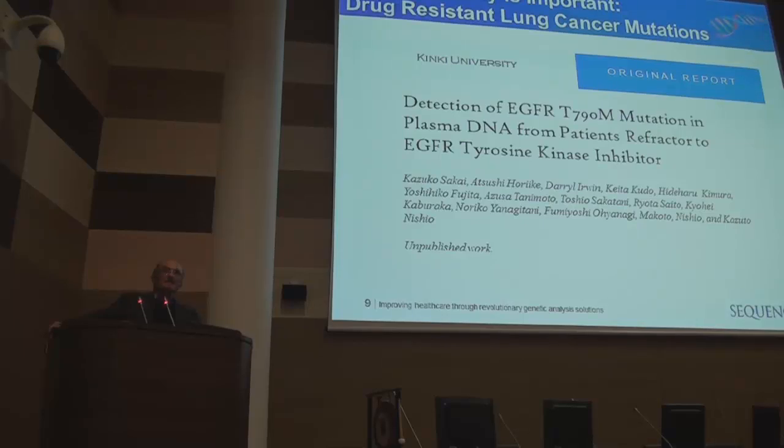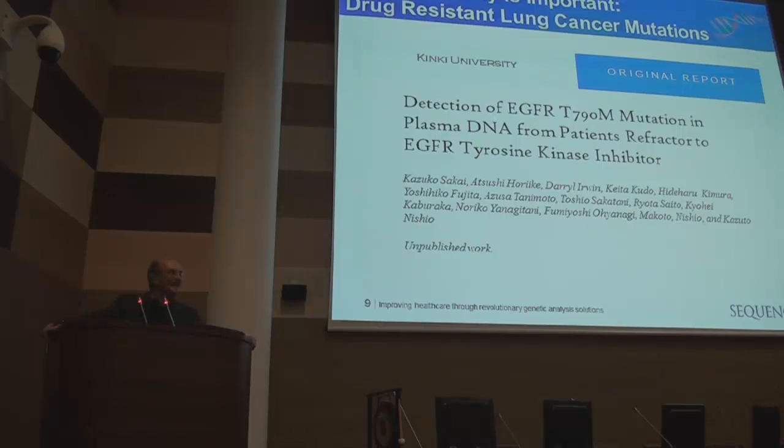Now, if I see this mutation in the biopsy sample, I know not to treat the patient with the EGFR inhibitor. But as I start to treat the patient with the EGFR inhibitor, this mutation may arise.